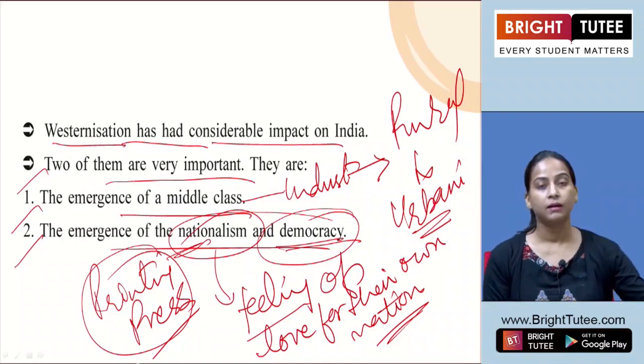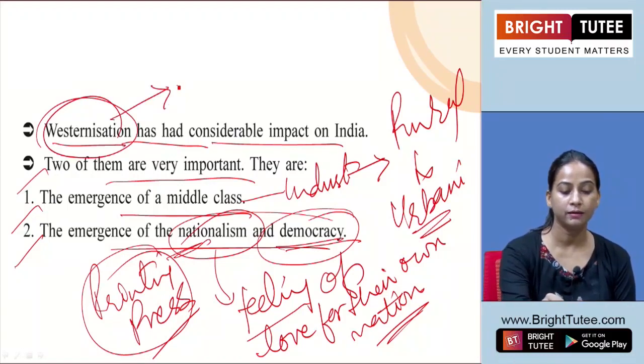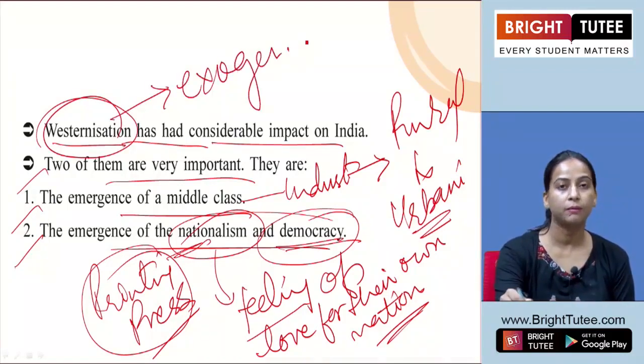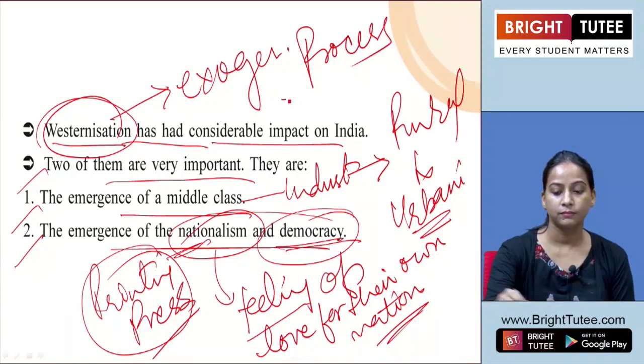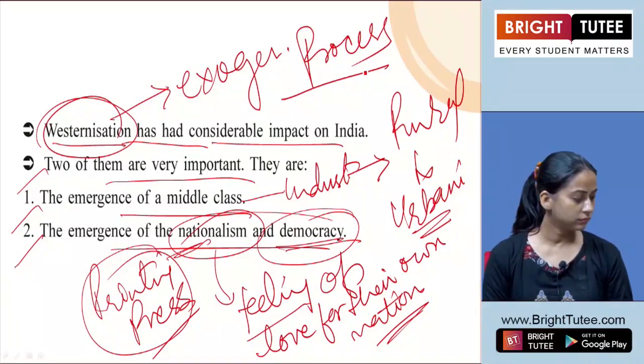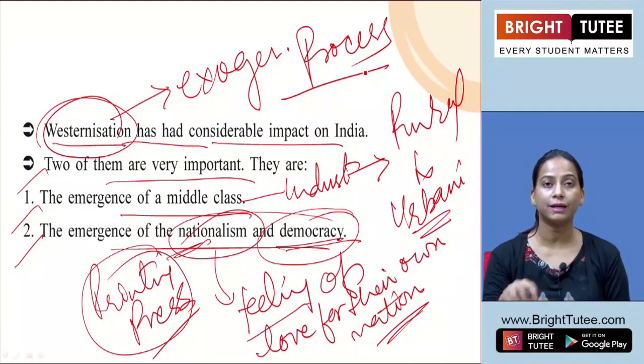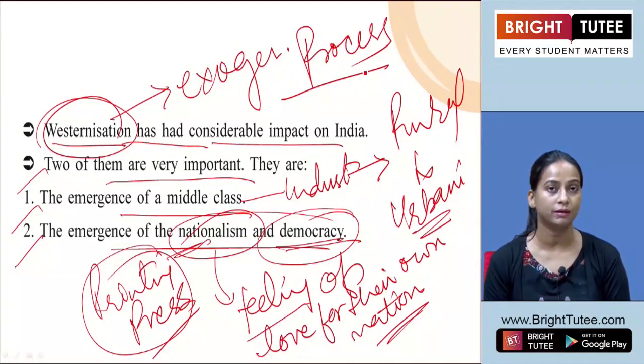Here, Westernization was an exogenous process, or exogenous factor. We talked about Sanskritisation, which was an endogenous factor because factors within the society were responsible for bringing the change in the caste system.